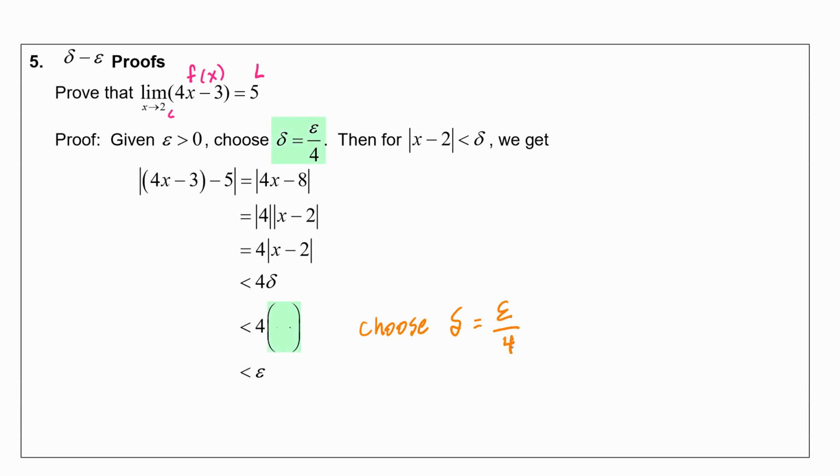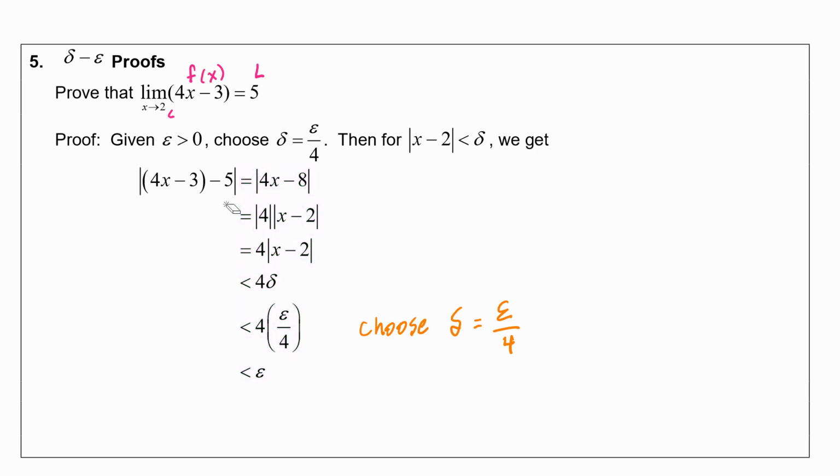That's why we chose it, so that when we take 4 times epsilon over 4, we end up with epsilon. And remember, if you write your work vertically, lining up the equal signs and the less than signs, then I will allow you to write this left-hand side just one time.